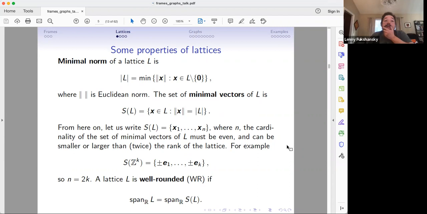We say that the lattice is well-rounded, abbreviated WR, if the space that is spanned by the minimal vectors is the full space spanned by the lattice. For instance, the lattice Z to the k is a well-rounded lattice. But you see, in order for the lattice to be well-rounded, your set of minimal vectors needs to have a full collection of linearly independent vectors. So it needs to be a basis for the space, not necessarily for the lattice, but for the space.